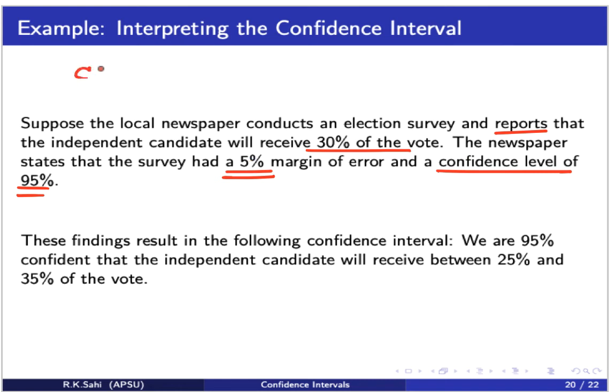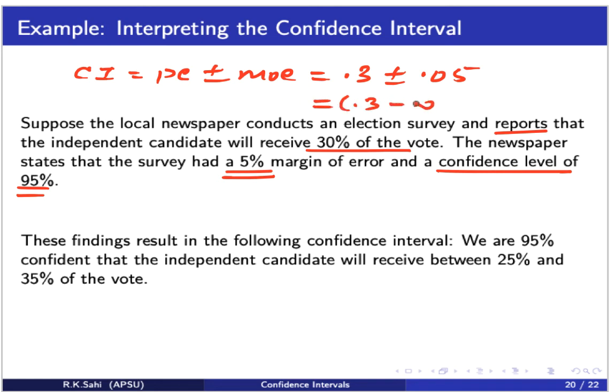So according to my formula of confidence intervals, which is point estimate plus minus margin of error, remember percentages means we're talking in proportions. So it's 0.3 plus minus 0.05. So that means my confidence interval is 0.3 minus 0.05 and 0.3 plus 0.05, which basically means the confidence interval is 0.25 and 0.35.